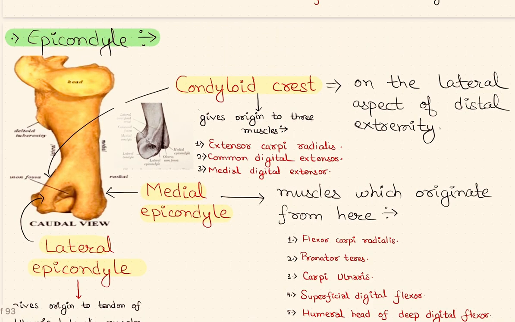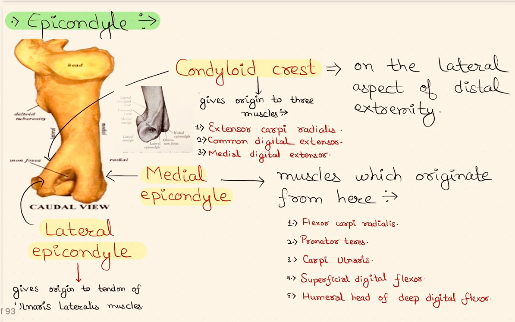Now let me tell you about the epicondyles. These are the epicondyles on the posterior surface. We have this medial epicondyle which gives origin to 5 muscles like flexor carpi radialis, pronator teres, flexor carpi ulnaris, superficial digital flexor, and the humeral head of deep digital flexor.